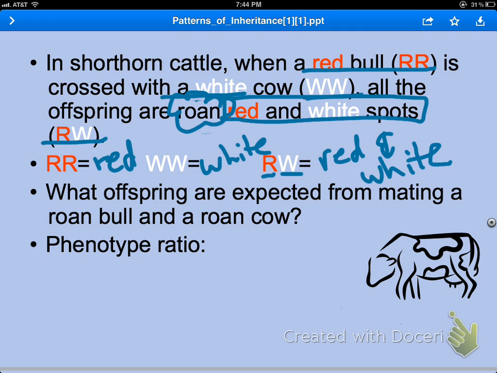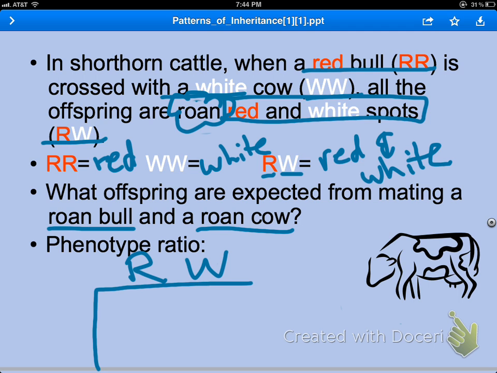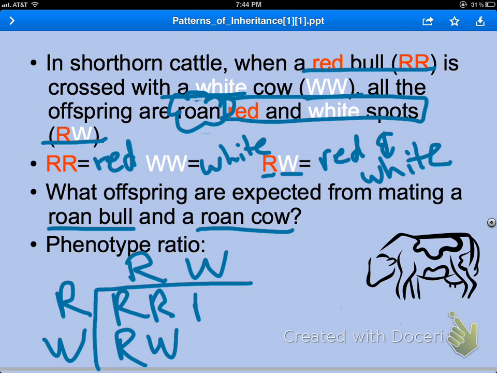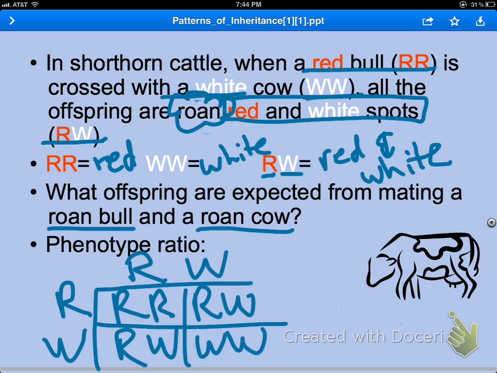Let's look at a Punnett square. So if we mate a roan bull and a roan cow, our Punnett square would look like this. If we look at our phenotypes, we have 2 capital R's, one of those, and remember that gives us the phenotype red.